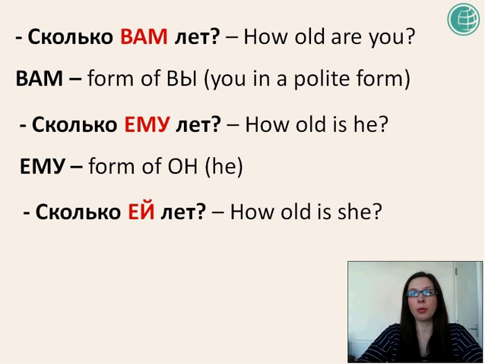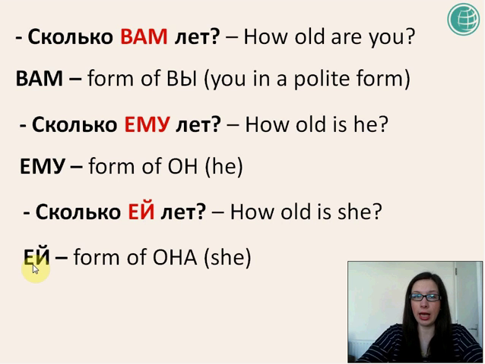And you can ask about her age. Сколько ей лет? How old is she? And you can guess that ей is a form of она, she. Сколько ей лет? How many years are to her? That's a strange word by word translation of this question.